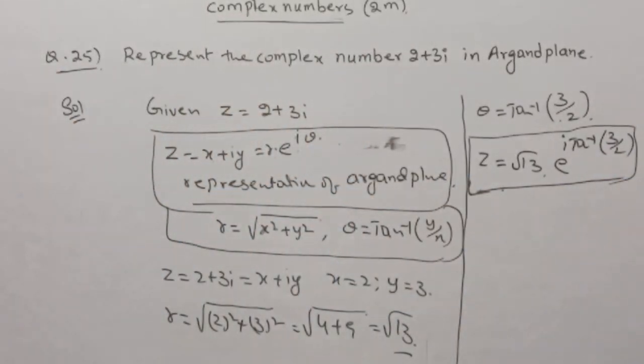That is the Euler form of the complex number.